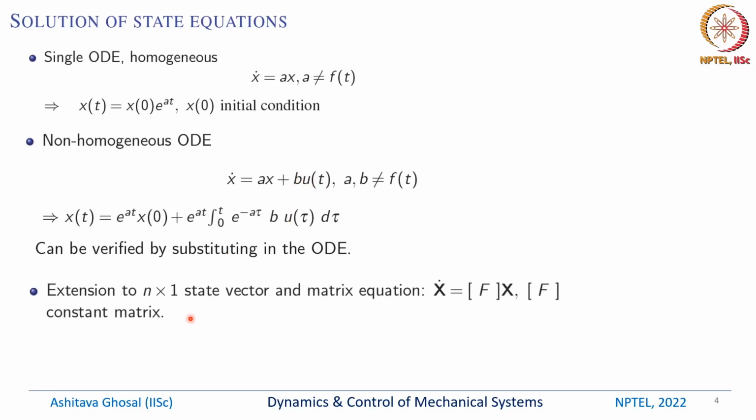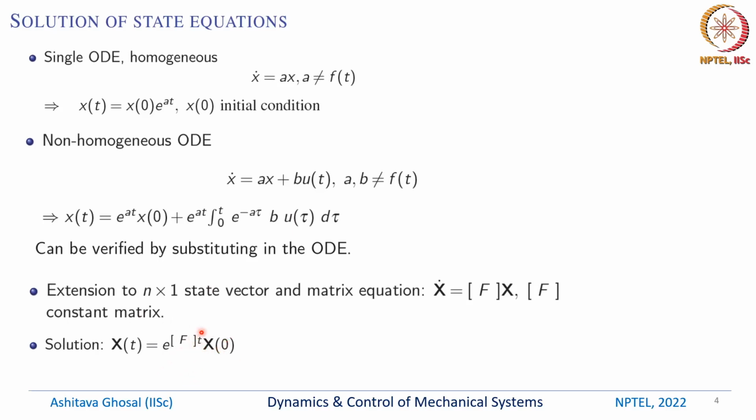The extension to the n by 1 state vector and the matrix equation x dot equals F times x, where F is now a constant matrix, can also now be tackled. We can write the solution of this n by 1 matrix equation as x of t is e to the power Ft into x of 0.